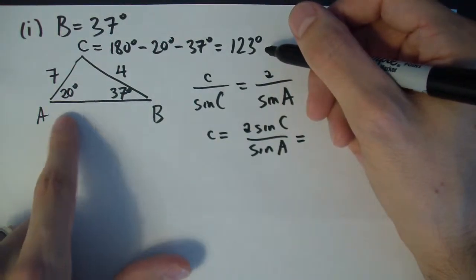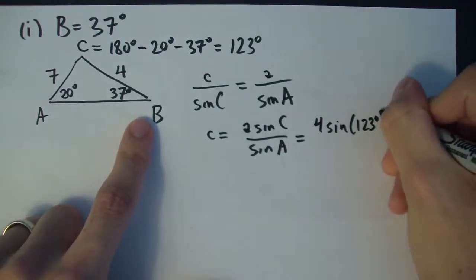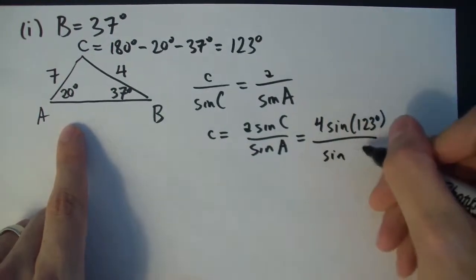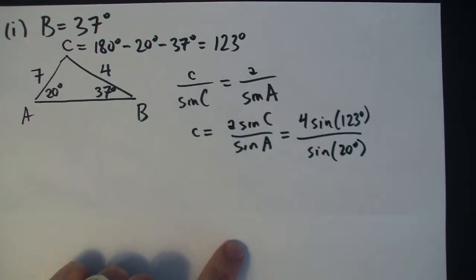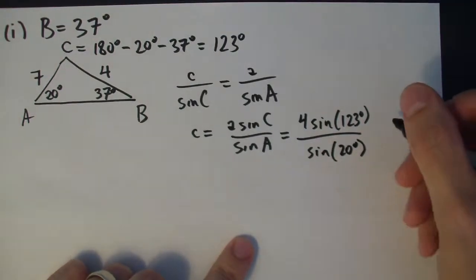It was 123 degrees, and side A is 4, so 4 sine of 123 over sine of A, which was 20 degrees. And when we work that out, we get 9.8.